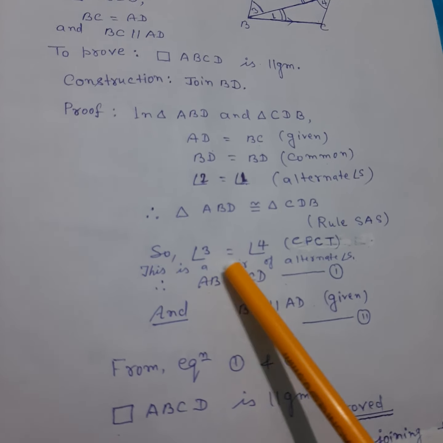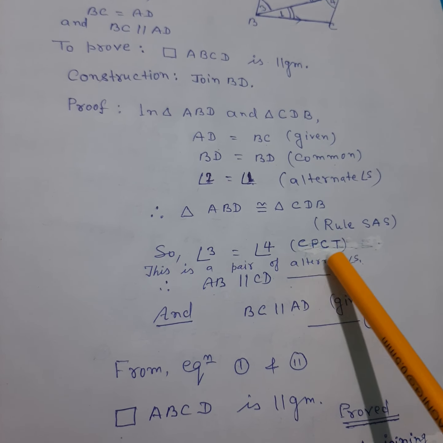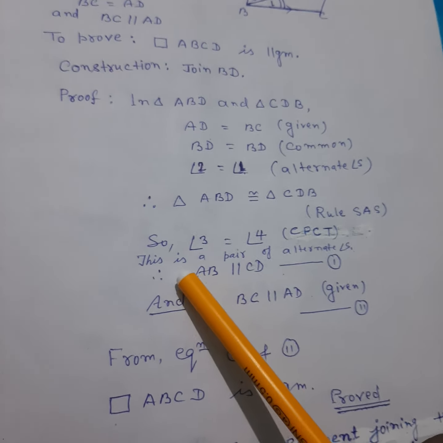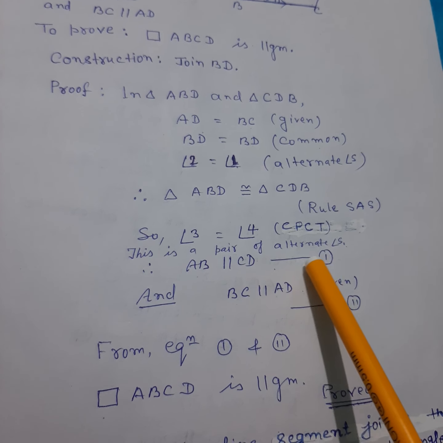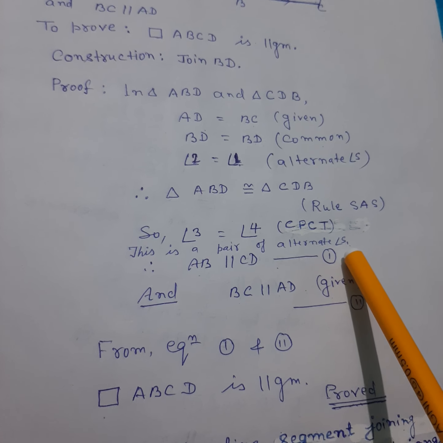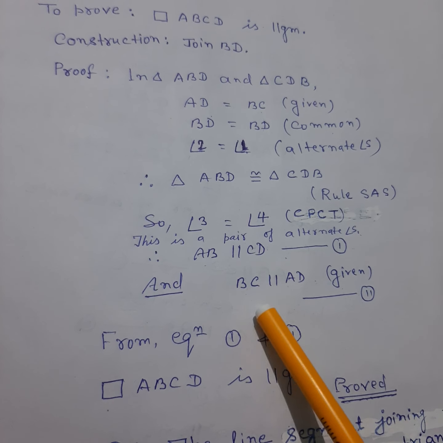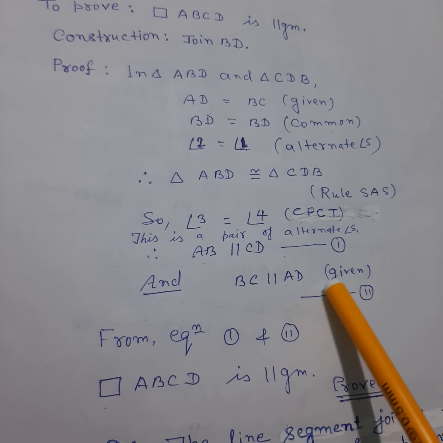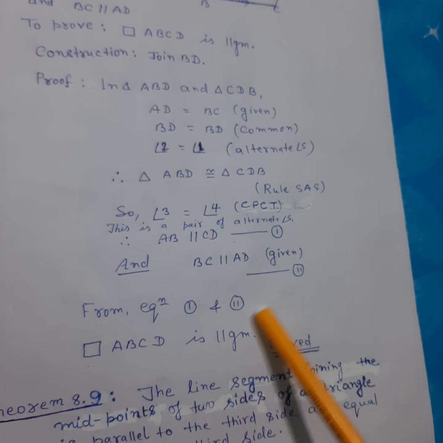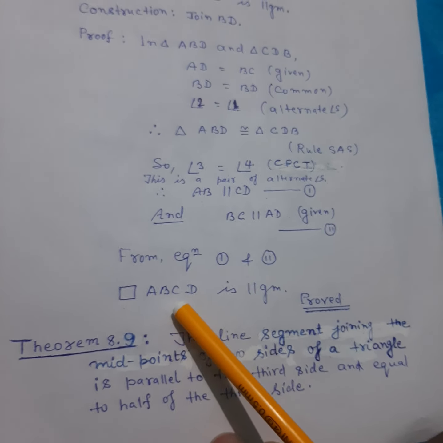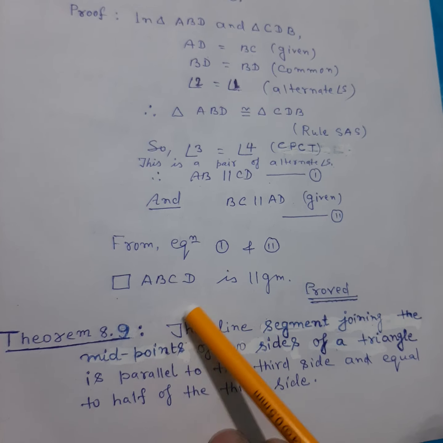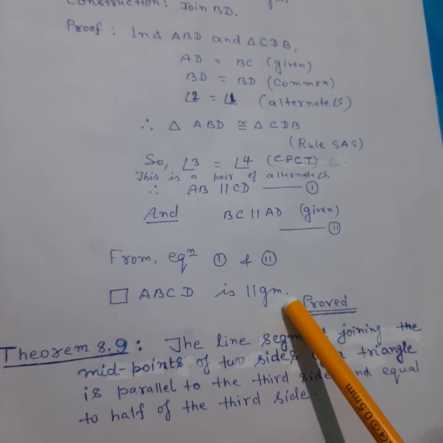So angle 3 equals angle 4 from CPCT, and this is a pair of alternate angles. Therefore, AB is parallel to CD. Similarly, we can write BC parallel to AD. From equations 1 and 2, we observe in quadrilateral ABCD, opposite sides are parallel, so it is a parallelogram.